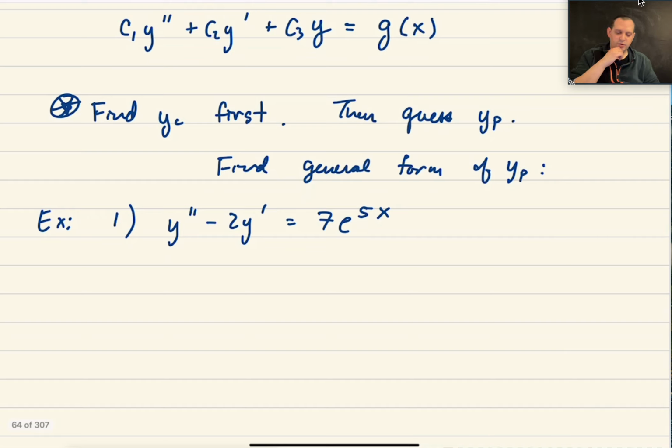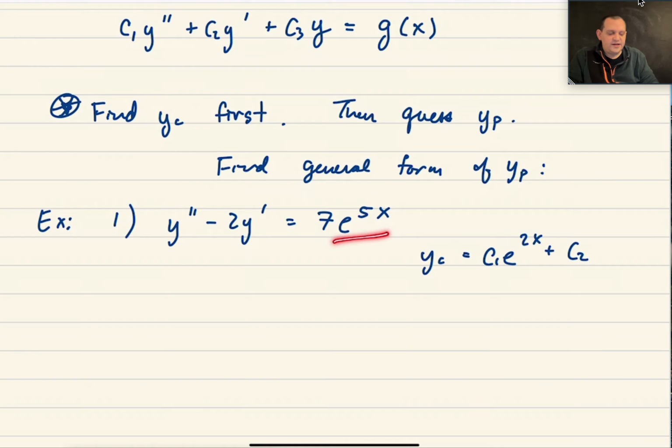We're going to have r squared minus 2r equals 0, so the complementary solution is c1 e to the 2x plus c2 e to the 0x. So we have an e to the 2x and an e to the 0x, or constant, in the complementary solution. Those are the main terms there.